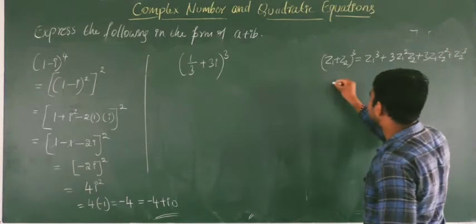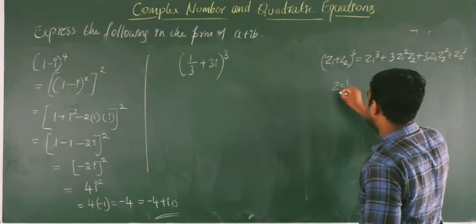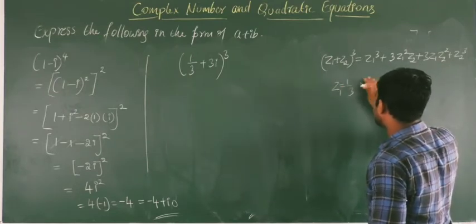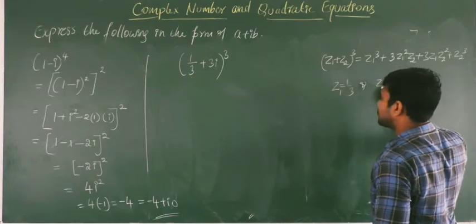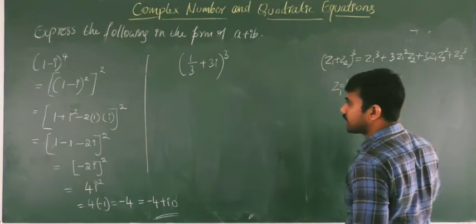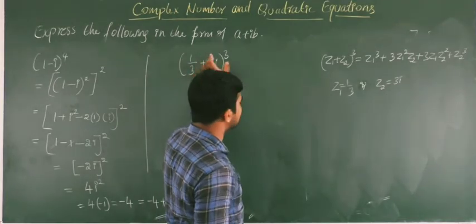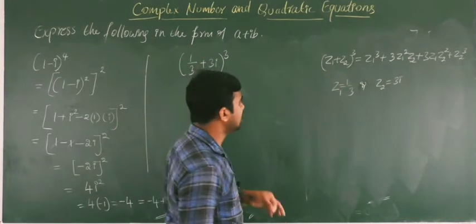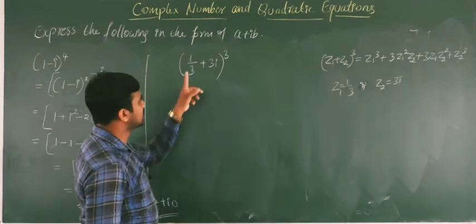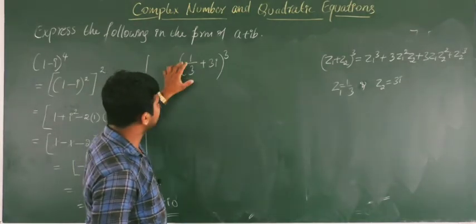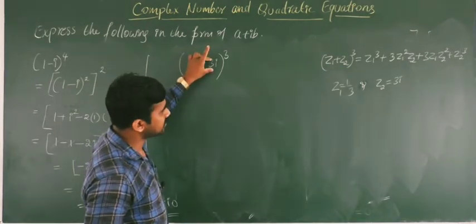Here z1 is nothing but 1 by 3, z2 is nothing but 3i. Okay. Now substitute the values of z1 and z2 in this formula. Then what will we get? z1 is 1 by 3, z2 is 3i.